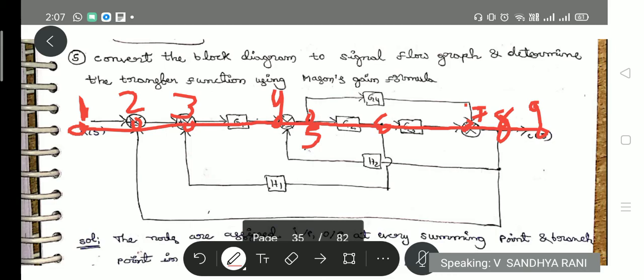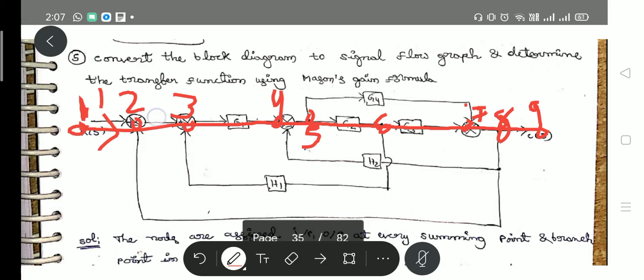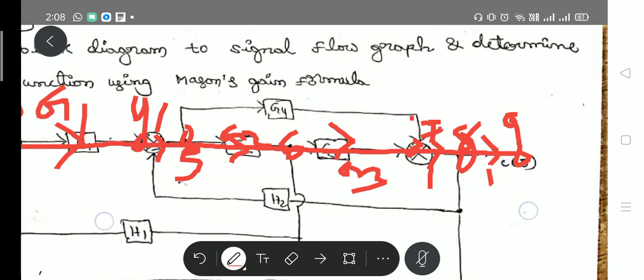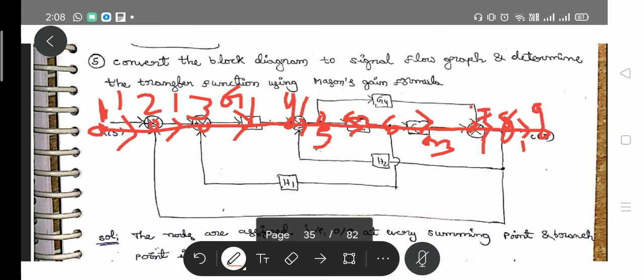Then we write the variables. 1 to 2: only a summing point is there, so I am taking 1. 2 to 3: no variables, so 1. 3 to 4: G1 is there, so G1. 4 to 5: no variables, so 1. 5 to 6: G2. 6 to 7: G3. 7 to 8: no variables, 1. 8 to 9: also no variables, so 1. Whatever variables are there, we write, remaining will be 1.